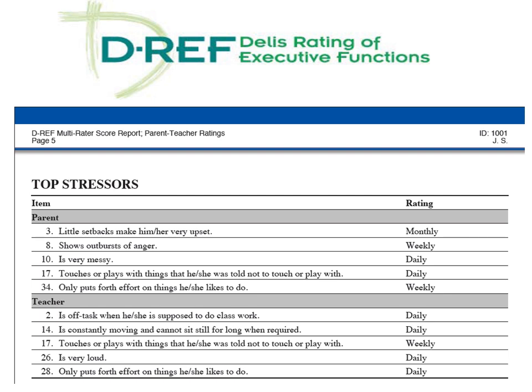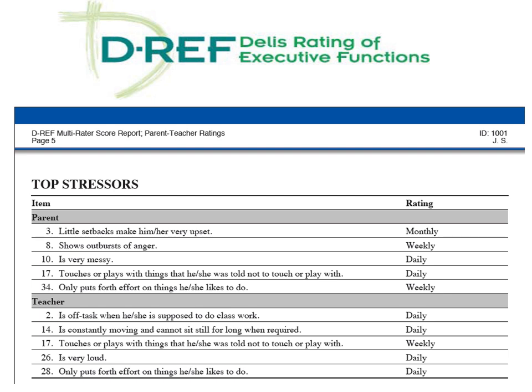All right, the second part of the Delis rating of executive functioning scale, again, provides a prioritized list of top stressors. So the student or the parent or teacher who are filling out the form will rate the specific items in how much of a stressor they are in the subject's life.